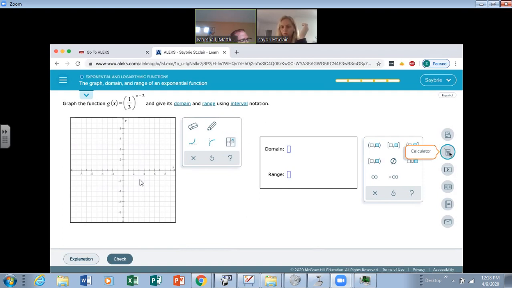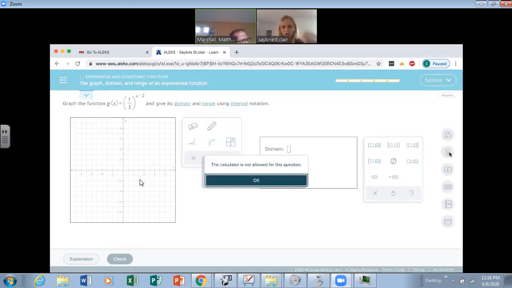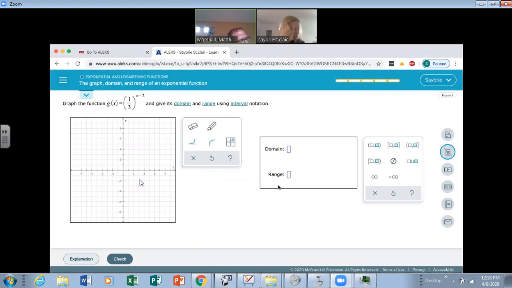So there's my first picture. So that gives me 1 over 1/9, which is 1 times 9 over 1, which is 9. Again, all it is is plugging in 0 for the x, getting that negative 2, realizing what a negative exponent is.